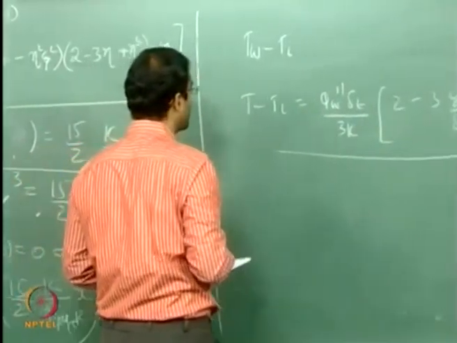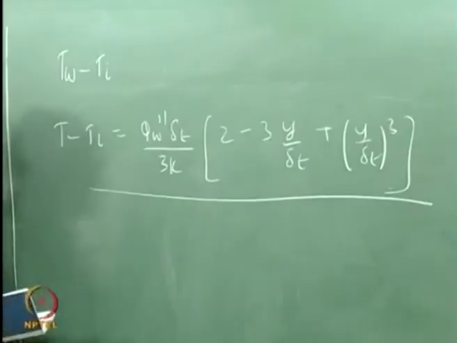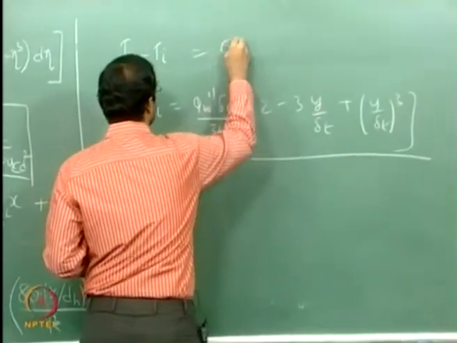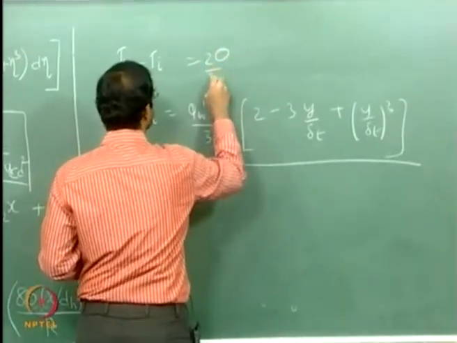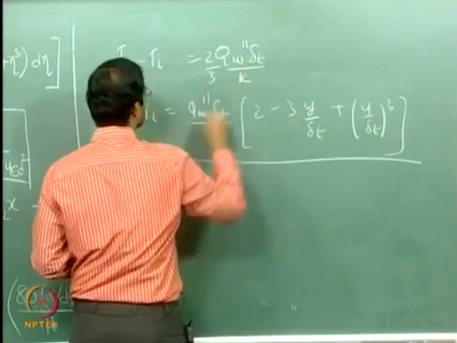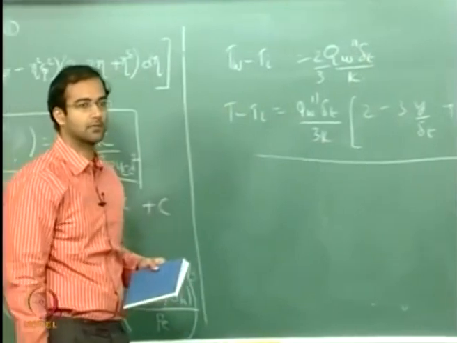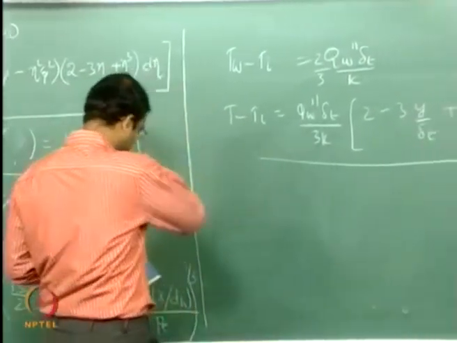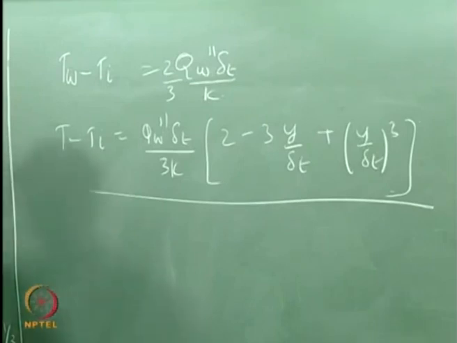Now from here I can calculate T wall minus Ti. So that is at y equal to 0. It is 2 by 3 q wall double prime delta T by k, right, the other two terms are 0. And I can also calculate my mean temperature.